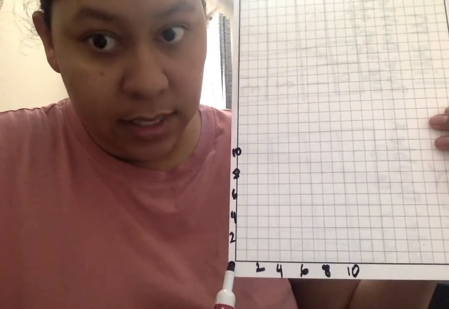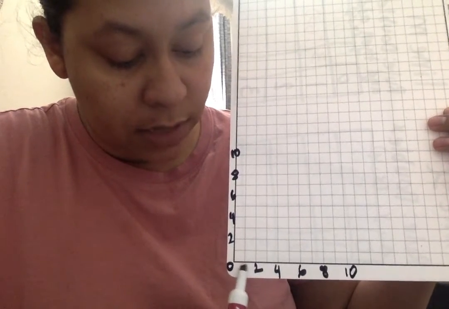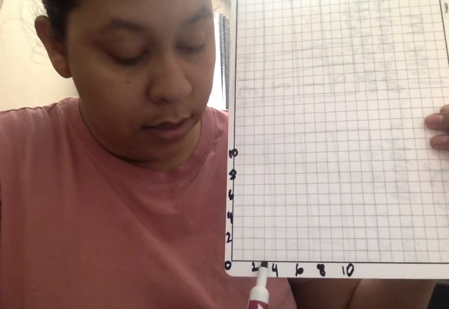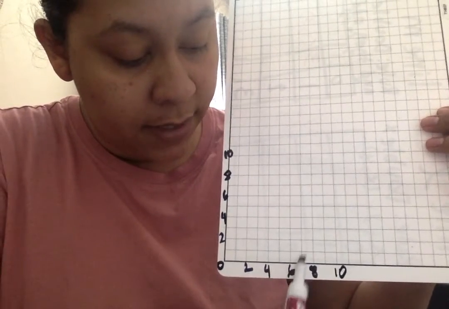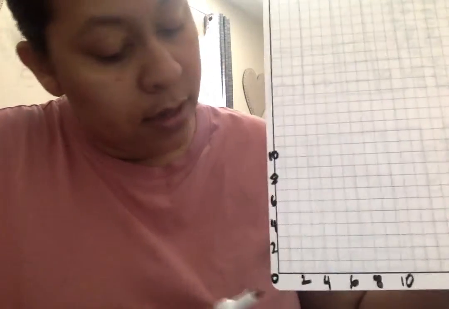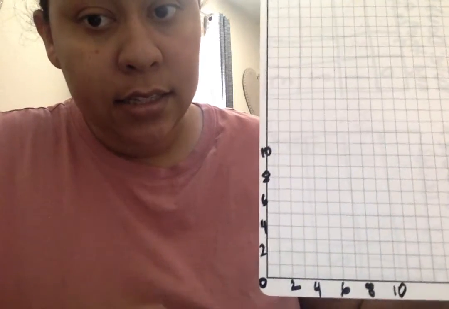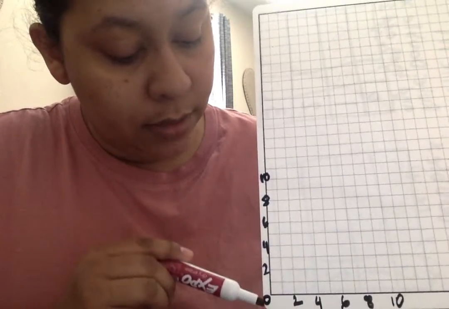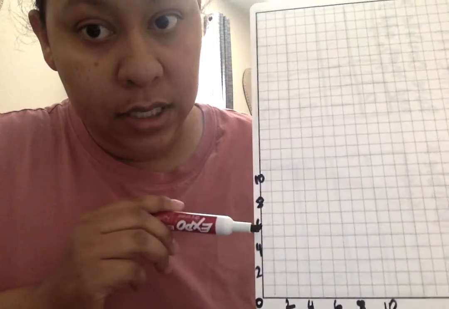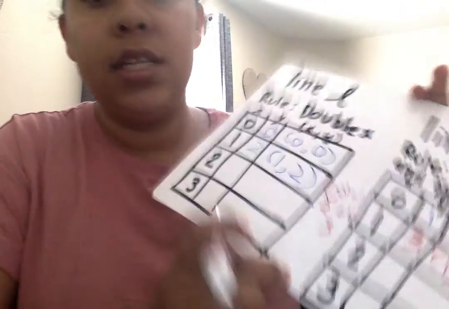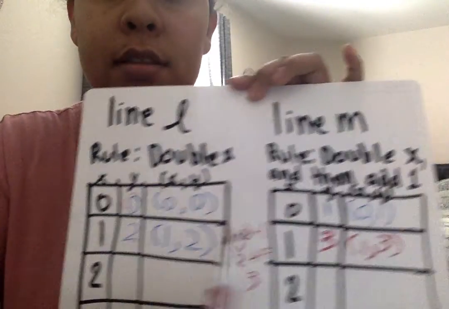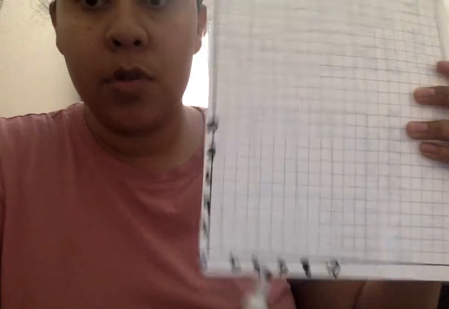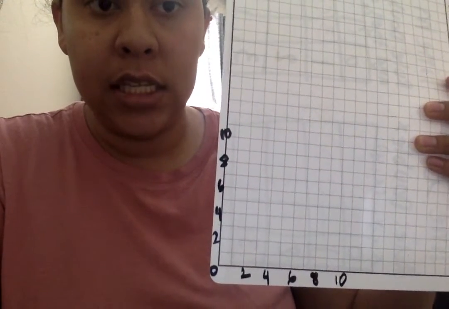So if this is 0 and this is 2, that means here is 1. Here's 3, 5, 7, 9. So then the y-axis, the one going vertically, 0, 2, 4, 6, 8, 10. So now you're using the coordinate pairs that you made on the table to plug them into your coordinate plane and then make your lines and label the line.